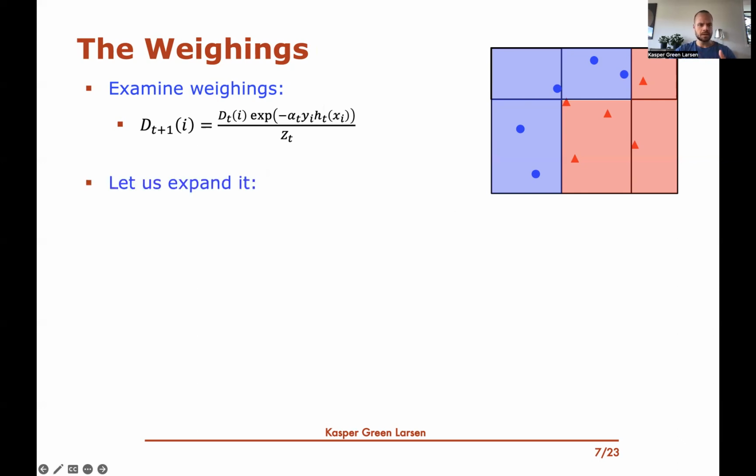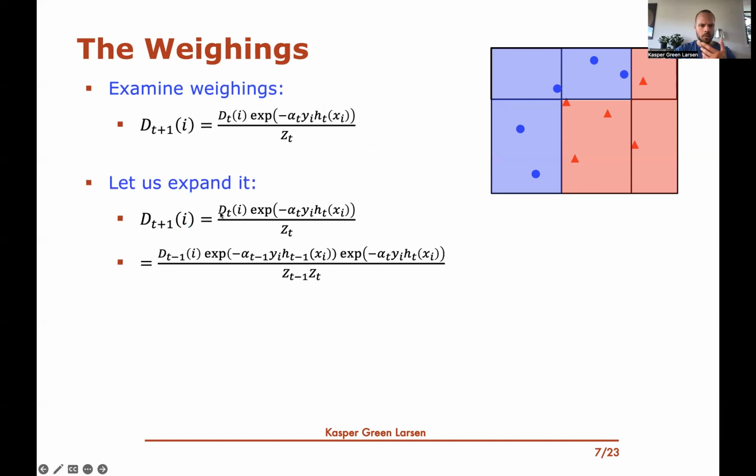So the first thing we'll do in the analysis is to expand this out, so it's not really a recursive definition like the one we have here. So this is the formula from above. And what we can do is use the formula again on D sub t.